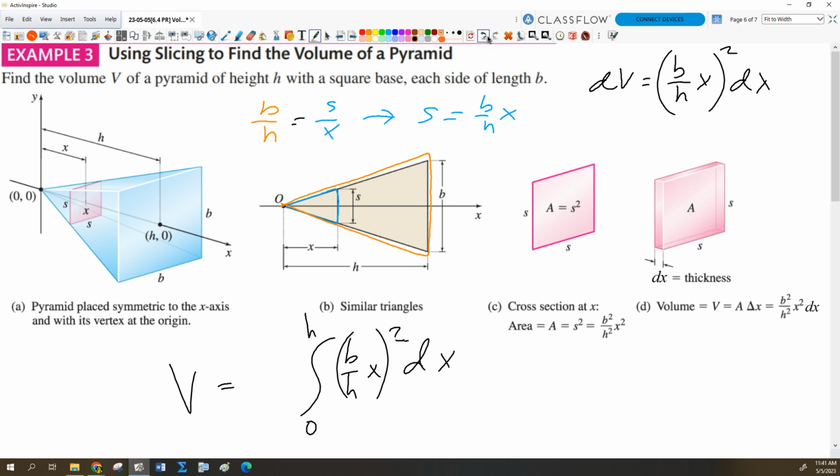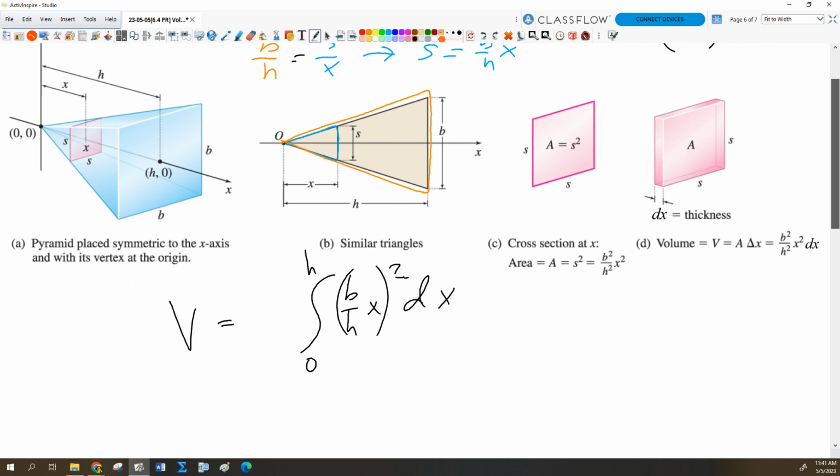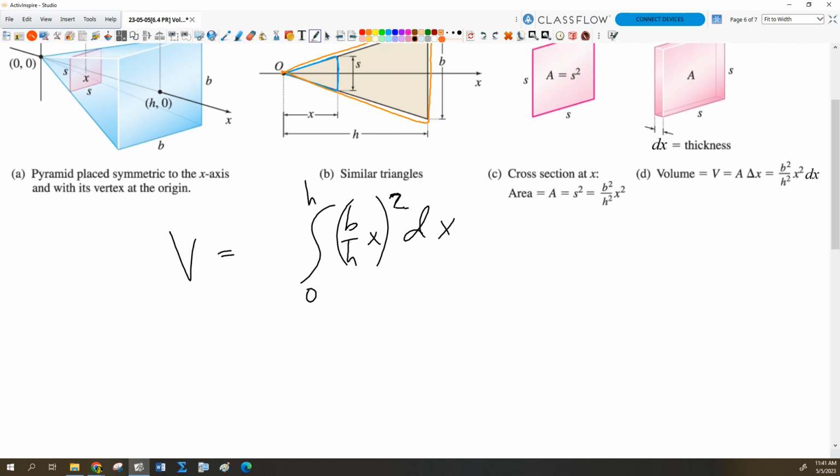Exactly, right? So if I square all this, I can pull the b squared over h squared out front because those are constants, times the integral of x squared dx from 0 to h.